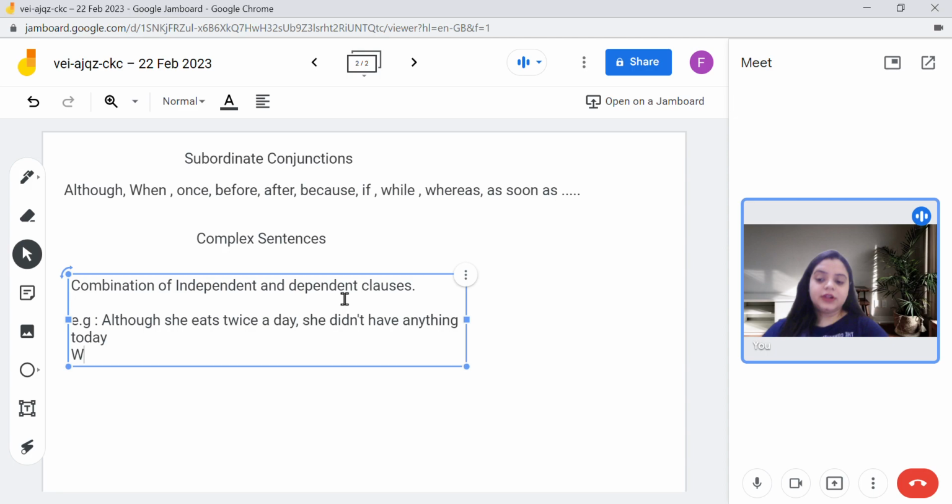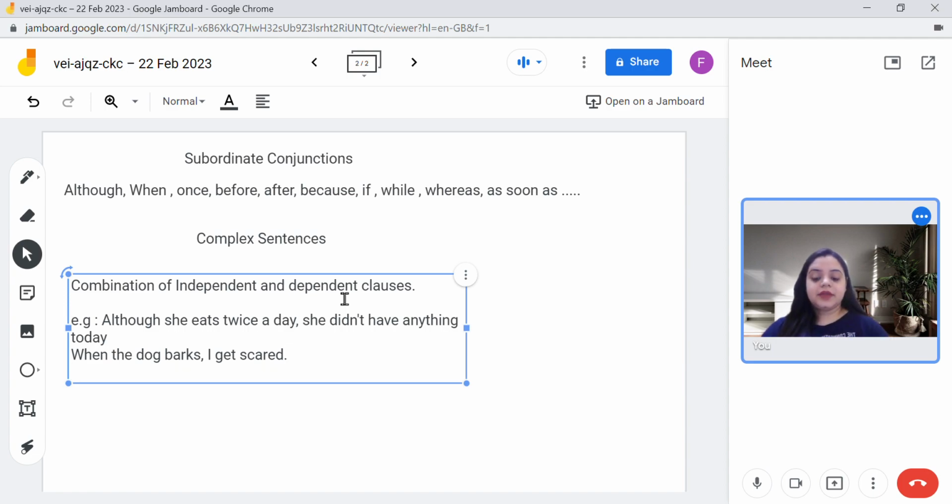For example, when the dog barks, I get scared. Because the soup was too cold, I warmed it in the microwave.